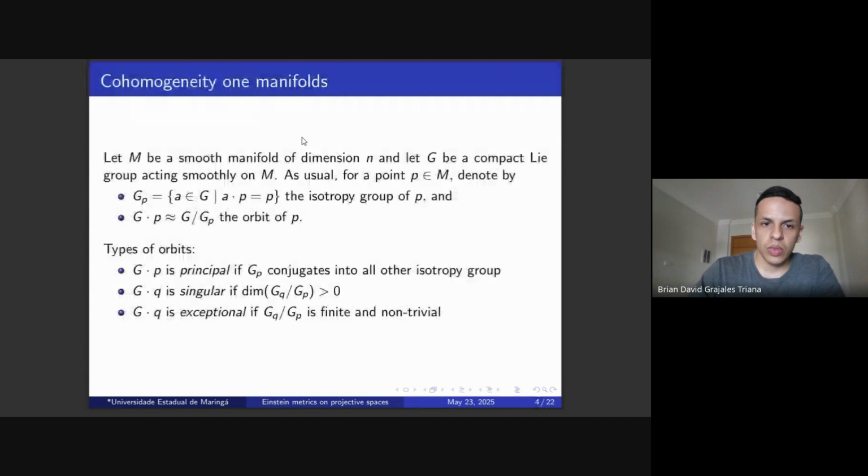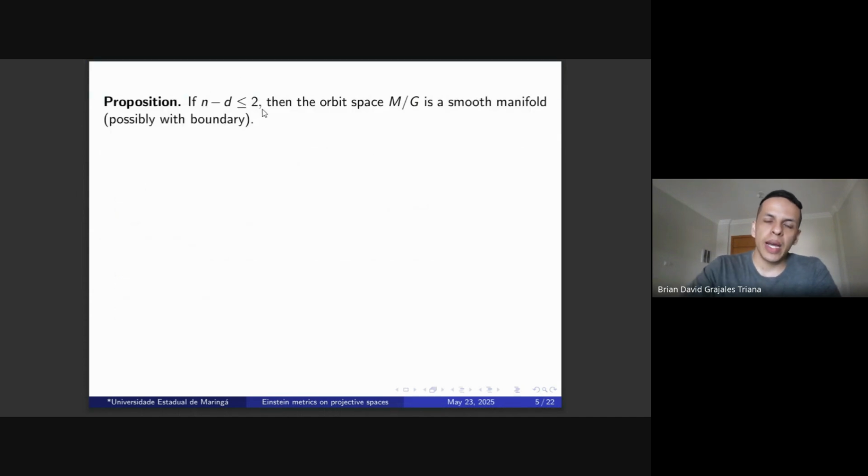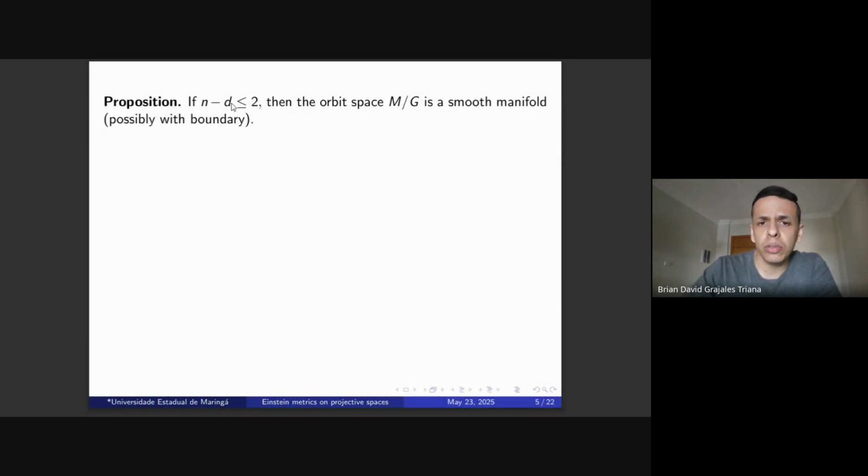So in this case, we have this proposition. I don't have the exact reference, because the original result is, I think, too old. But it says that if n minus d is less than or equal to 2, the orbit space is a smooth manifold, possibly with boundary. And here, I didn't say, but this d is the dimension of any principal orbit.